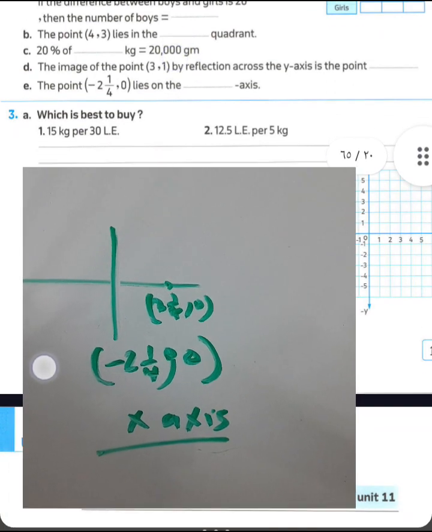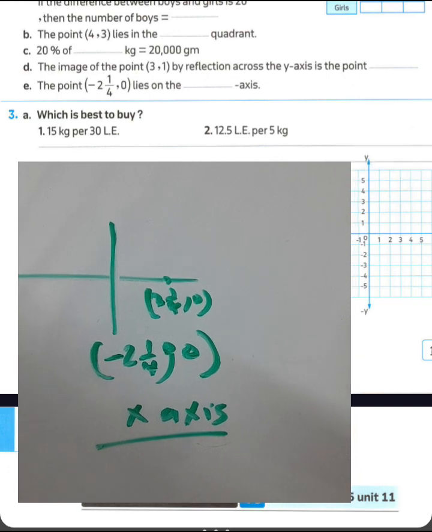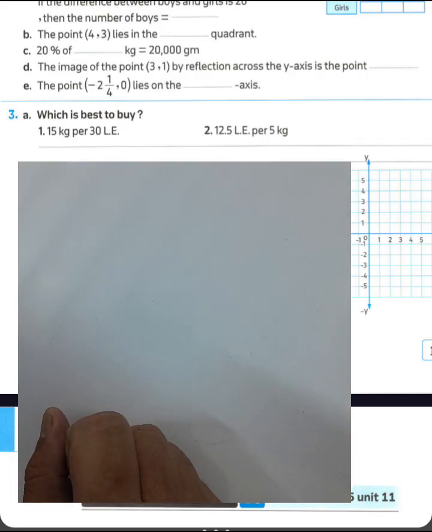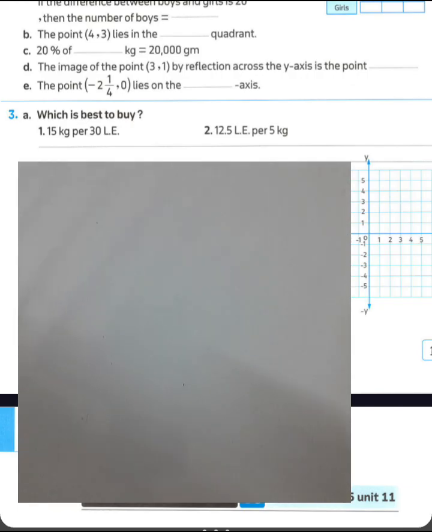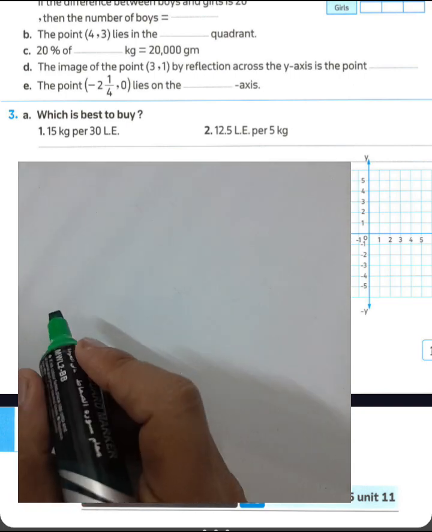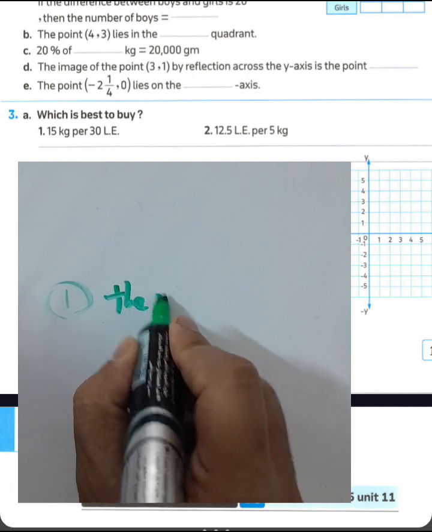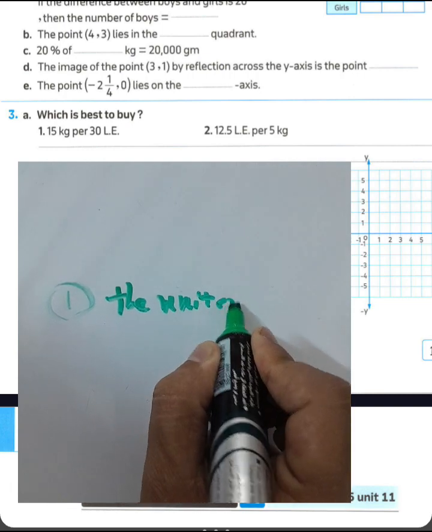Next question, number 3, letter A. Which is the best to pay? 15 kilogram per 30 Egyptian lira, or 12 and a half per 5 kilogram? Okay, you can compare between them by finding the unit rate. About the first one, we can find the unit rate.